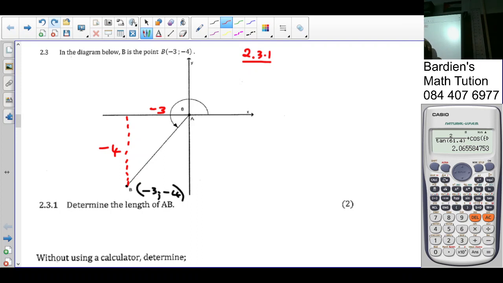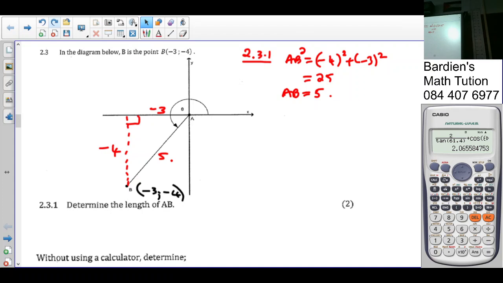You're going to use Pythagoras. Remember, that's a right angle. So it's going to be AB squared equals (-4) squared plus (-3) squared, which is 25. The square root thereof is 5. Okay, any confusion there?